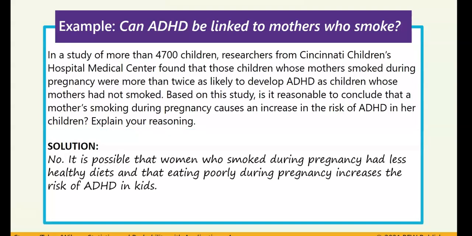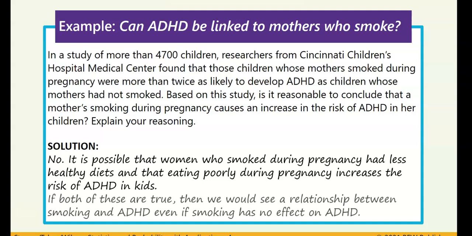It's impossible. It is possible the women who smoked had less healthy diets. Smoking is kind of an unhealthy choice in general, so you might think maybe those folks don't eat very well, and that could have caused the problem. So we don't know what's having the real effect on causing ADHD.